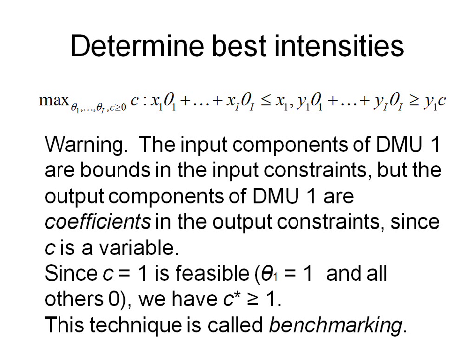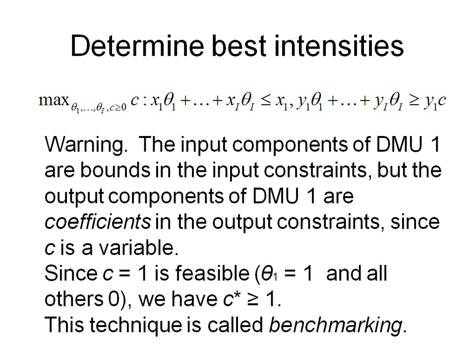If you expand output by an expansion factor c, then c is at least equal to 1. So this is called benchmarking. The non-negative thetas in the solution identify the benchmarks of firm 1.